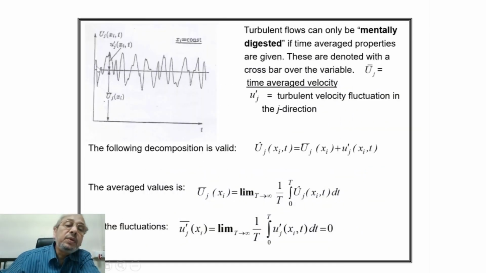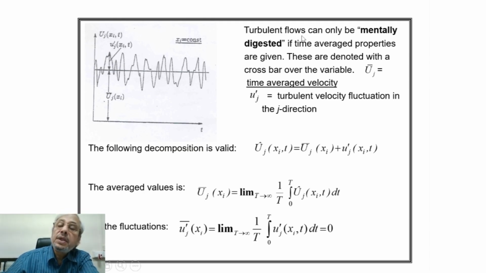Now here again we have represented, this is the average velocity. These are all instantaneous values. So uj bar is the time average velocity and uj prime is the turbulent velocity fluctuation in j direction.